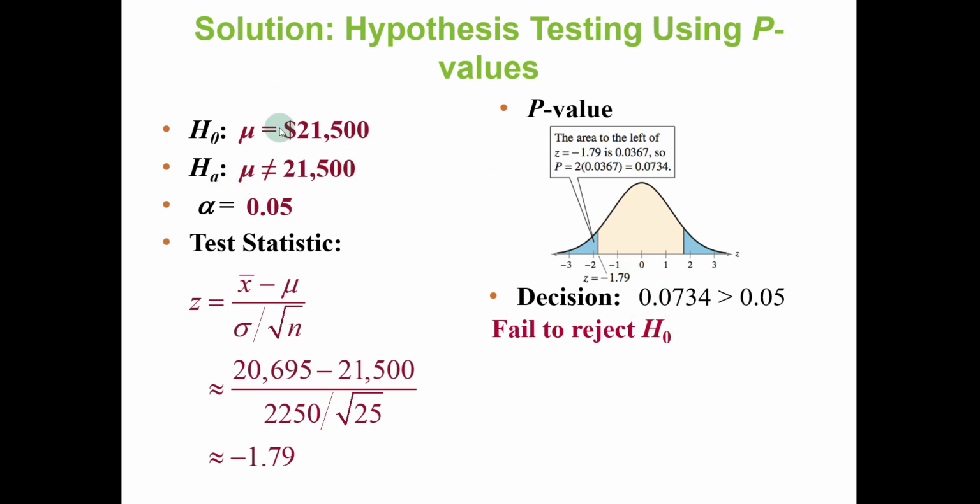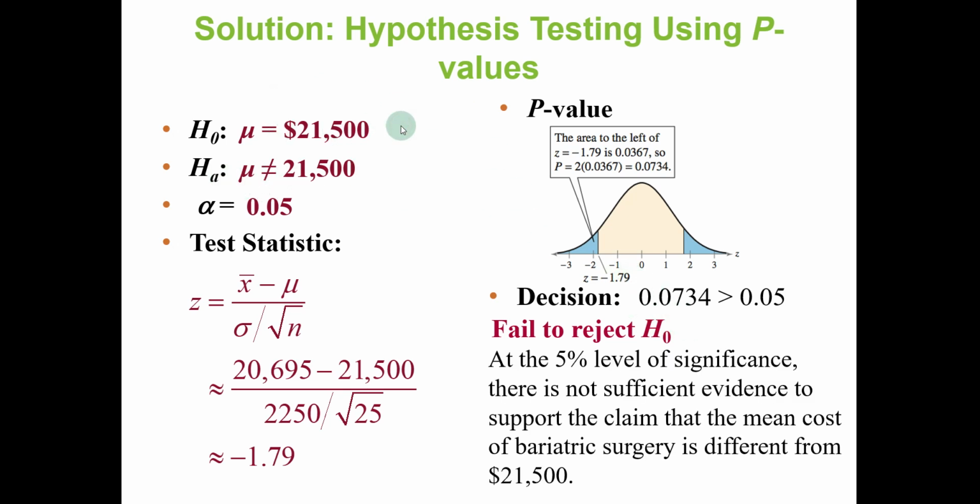Given that you failed to reject the null hypothesis, that simply means there is not enough evidence to support the claim that the mean is different. So there is not enough evidence to reject the claim that was made.